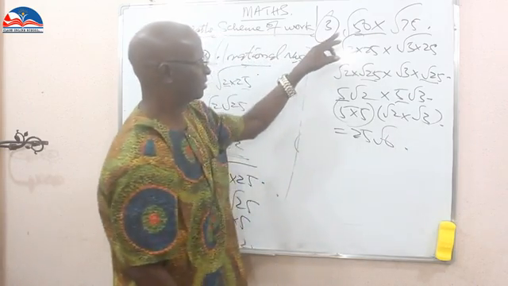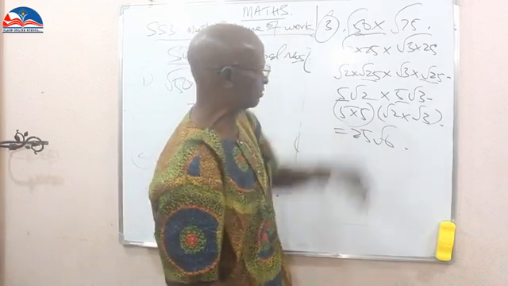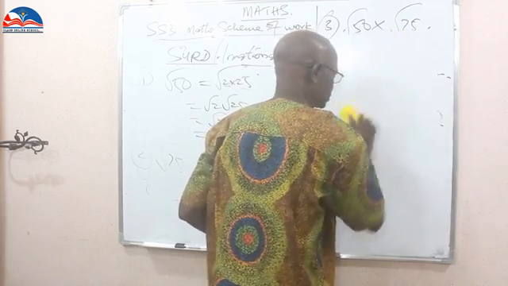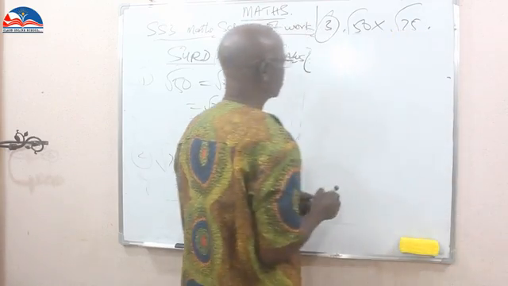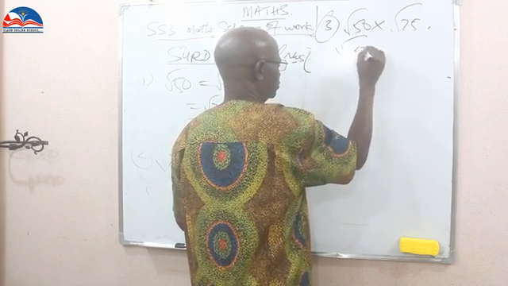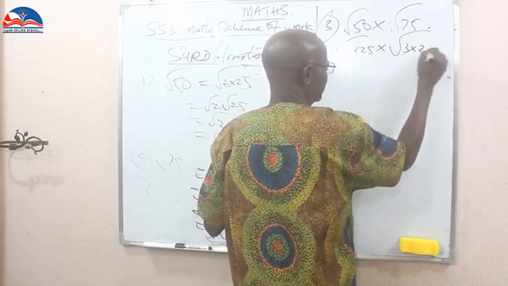I'll take it again. If I give root 50 times root 75, what do we do? Let's do it again, and let me be slow this time. 50 can be broken down into 25 times 2, and 75 into 3 times 25.